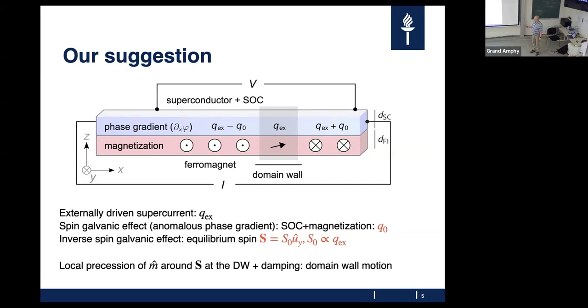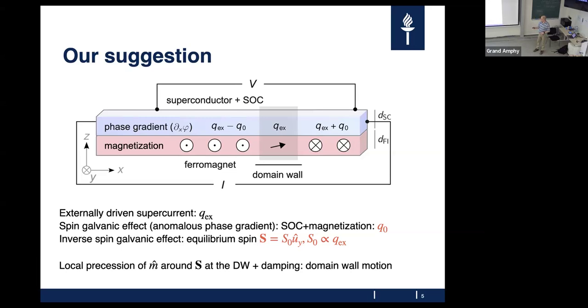Now, if there is spin orbit coupling, then the magnetization, together with the spin orbit coupling, will lead to another phase gradient, which we call Q0, which is proportional to the magnetization direction. So it inverts across the system.